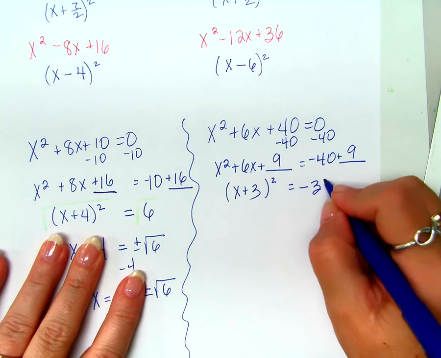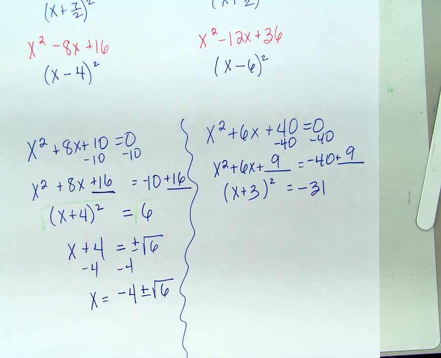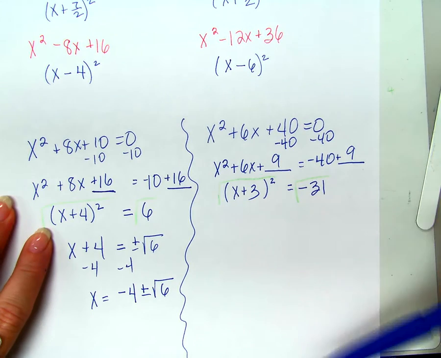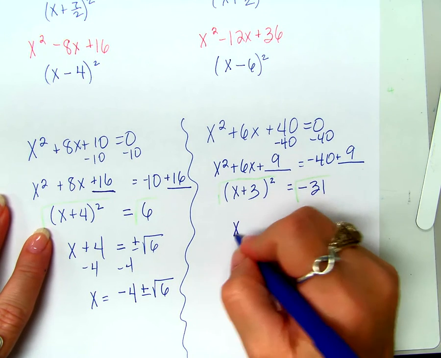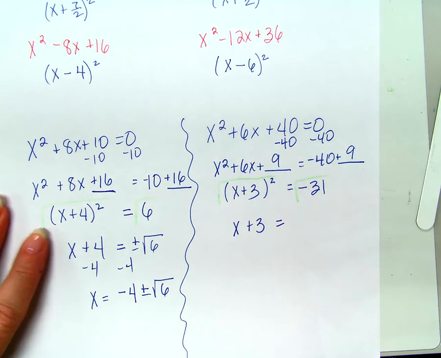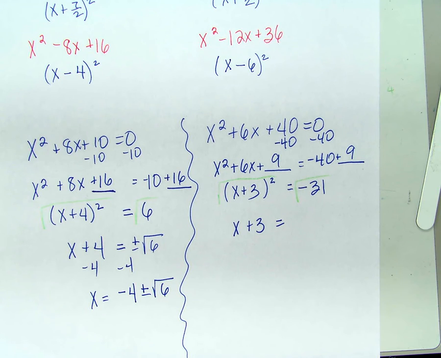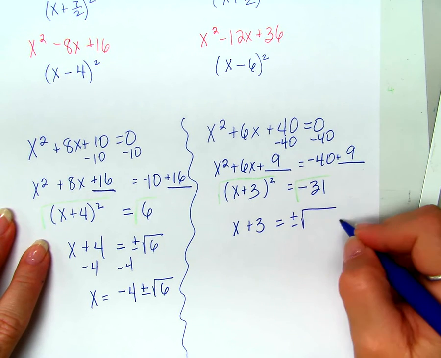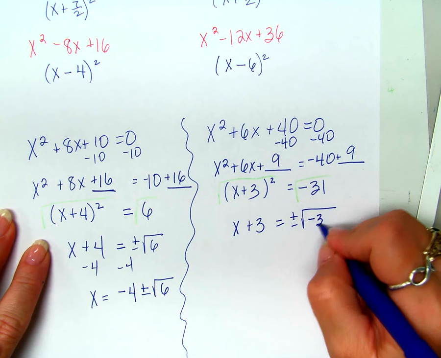Negative 31. Okay, square root both sides. X plus 3 equals plus or minus the square root of negative 31.